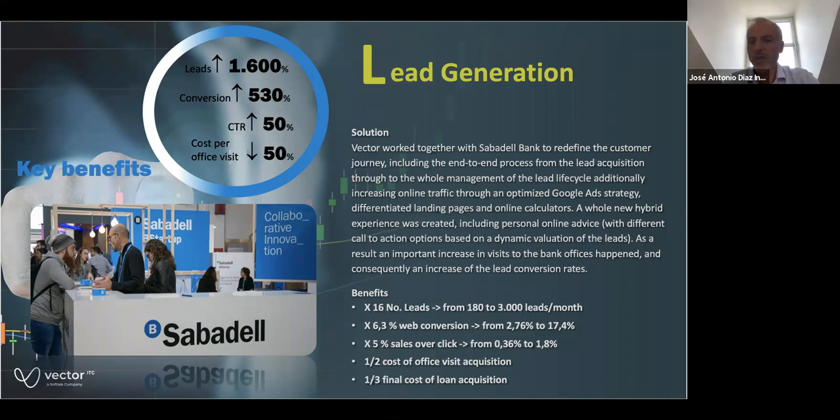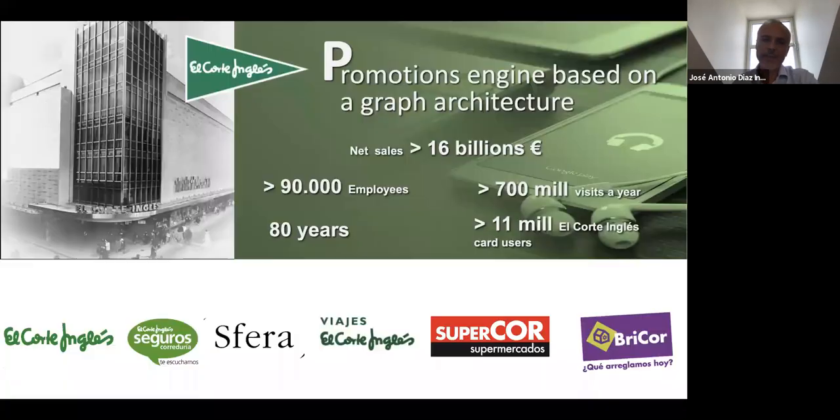So these are very important numbers, which also, as you can see, allowed us to bring in a lot of new revenues, which were not getting into the company before. So this is one interesting case, we believe, to make you understand a real case where the right combination of online and offline channels can bring a lot of value to companies. And the third aspect that we wanted to show with a real case is, well, this is interesting.